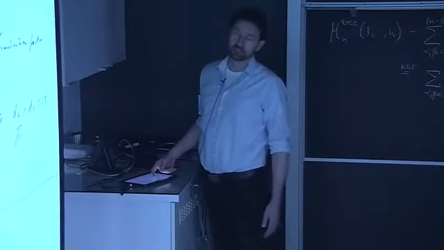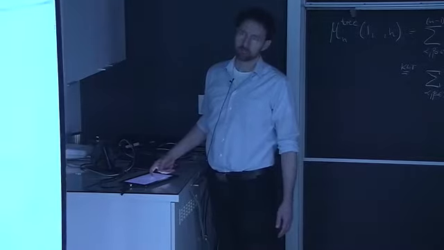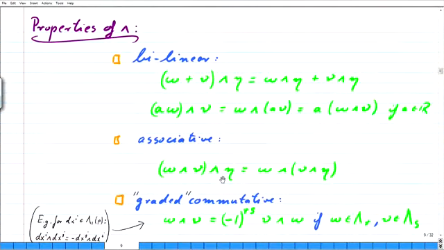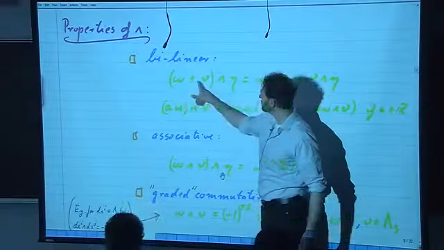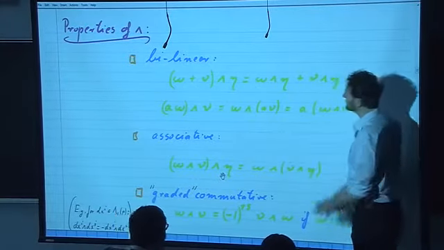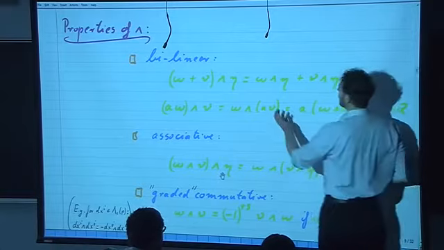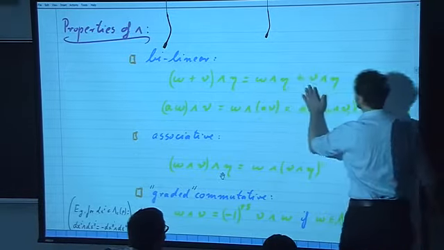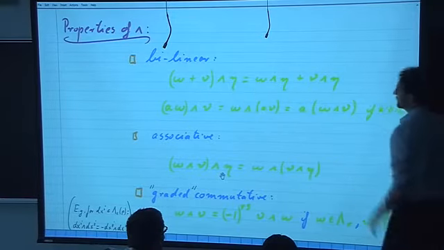So what are the properties of this wedge product? Well, it has lots of nice properties. It is bilinear. So if these are two differential forms, and then you take the wedge product with eta, it's distributive. So you can have omega wedge eta plus nu wedge eta, distributive, very nice.